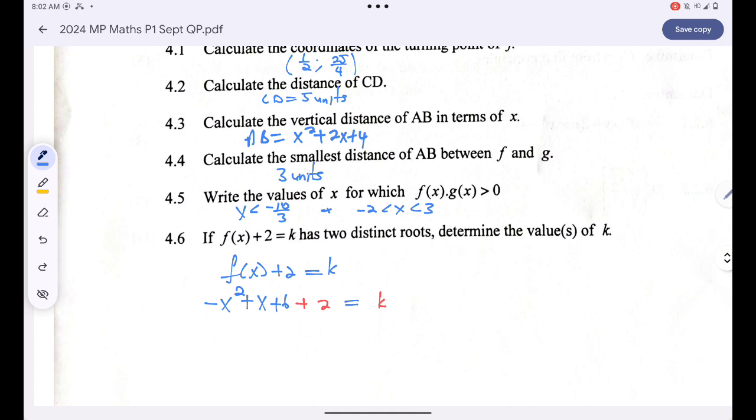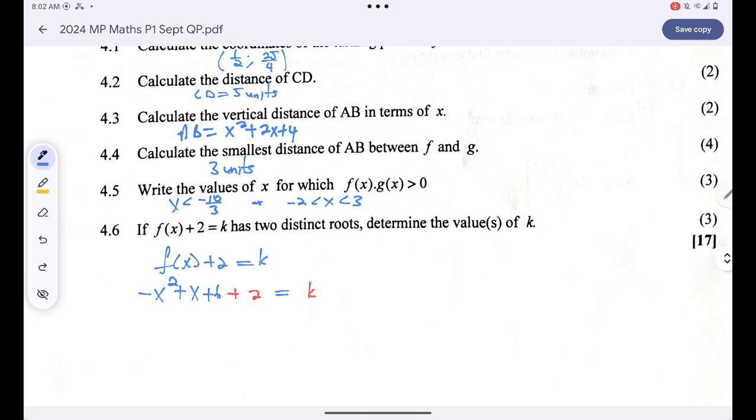I can bring this into standard form by taking this to the other side. The x squared will be positive, the x will be negative, and then I'll end up having k minus 8 is equal to 0. I'm taking all of this to the other side.